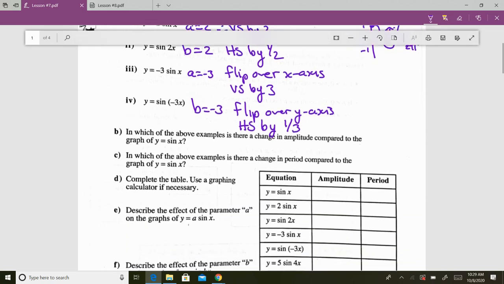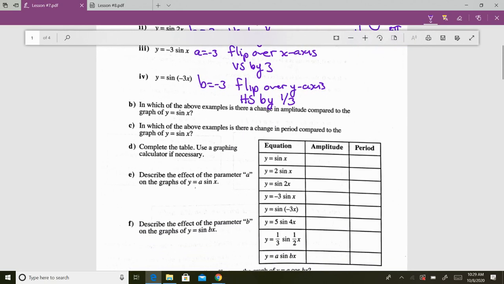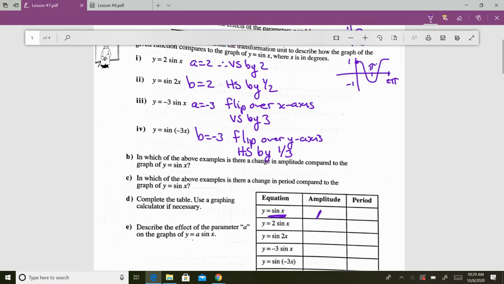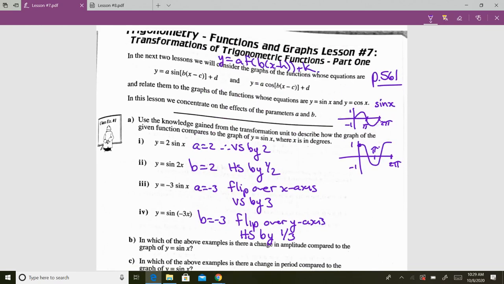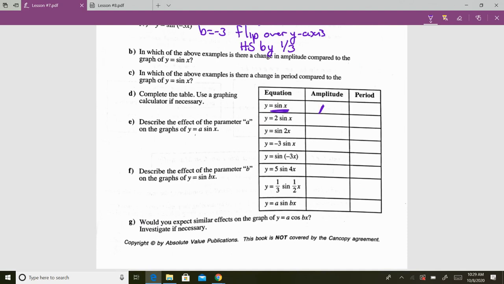All right. So we're going to go to this table. Sine x, regular straight up sine graph. What's the amplitude? 1. What's the period of a sine graph? It's right there. Boom. 360 or 2 pi, right? I'm going to do it in pi's.